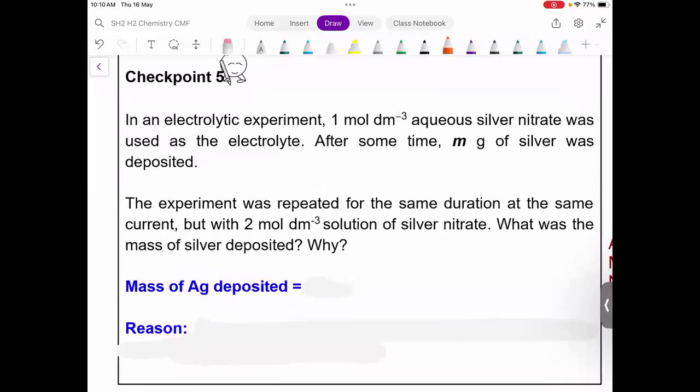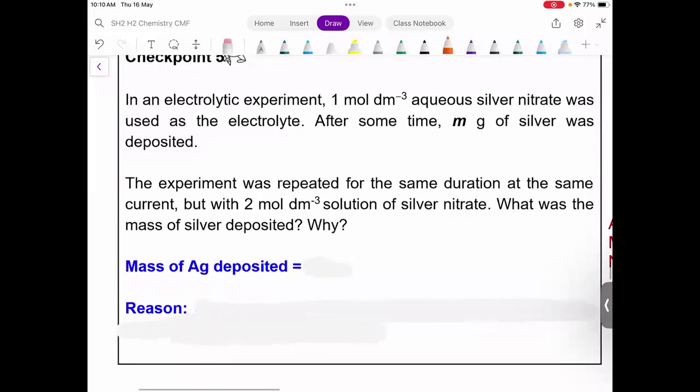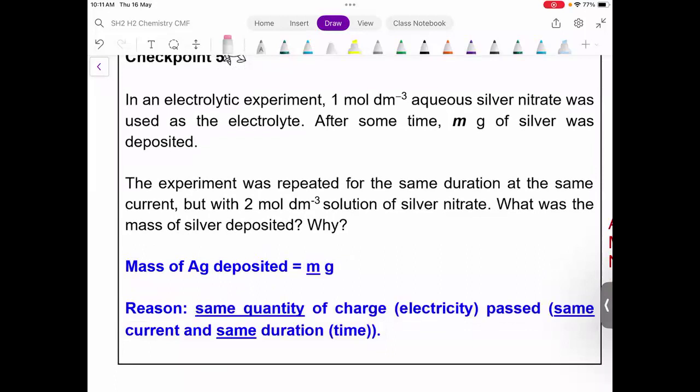This means that as long as the total charge provided by your battery is the same, the mass deposited should remain the same, despite the initial concentration of your electrolyte. So this is something that you need to learn from checkpoint 5. Being non-spontaneous, it must be driven by the electricity provided.